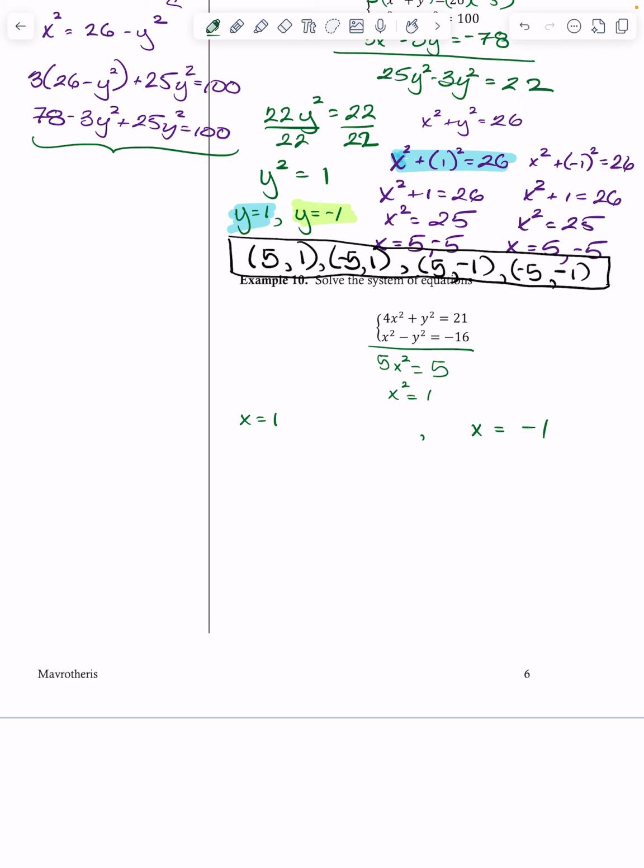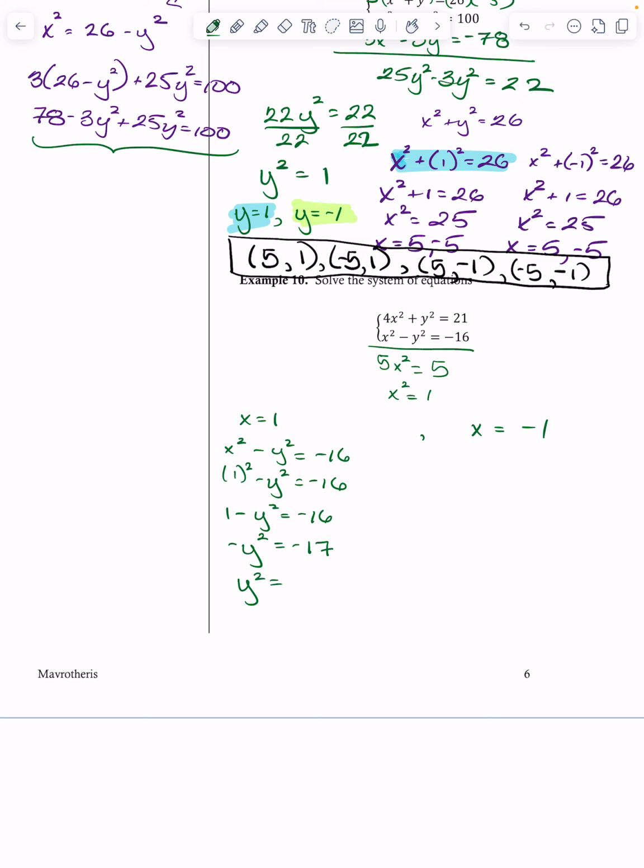If x equals 1, I'm going to go ahead and plug it into the second equation. X squared minus y squared equals -16. So I get 1 squared minus y squared equals -16. 1 minus y squared is -16. Make sure that when you subtract that 1, you don't lose the negative in front of the y.